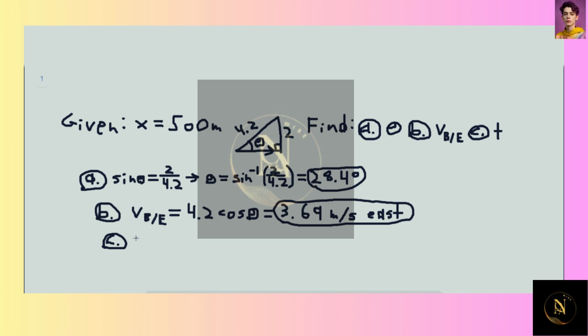So note the velocity of the boat relative to the Earth is going to be equal to the distance x, because we want to know how wide the river is, divided by the time. So I'm just using the general velocity equation here. So velocity is equal to distance over time. So I could solve for the time t.